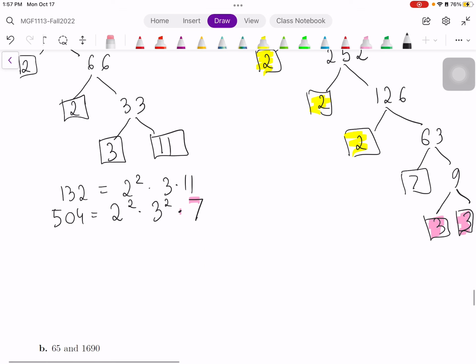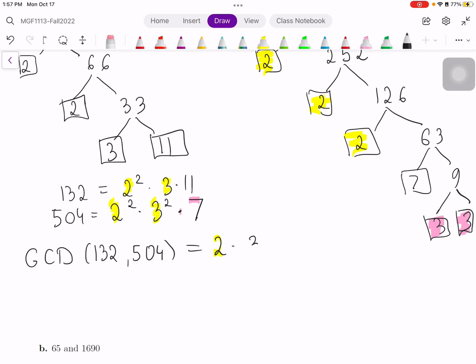So now let's start with the greatest common divisor. Greatest common divisor means that I can only list common prime factors, so 2 and 3. 11 and 7 will not be part of it.